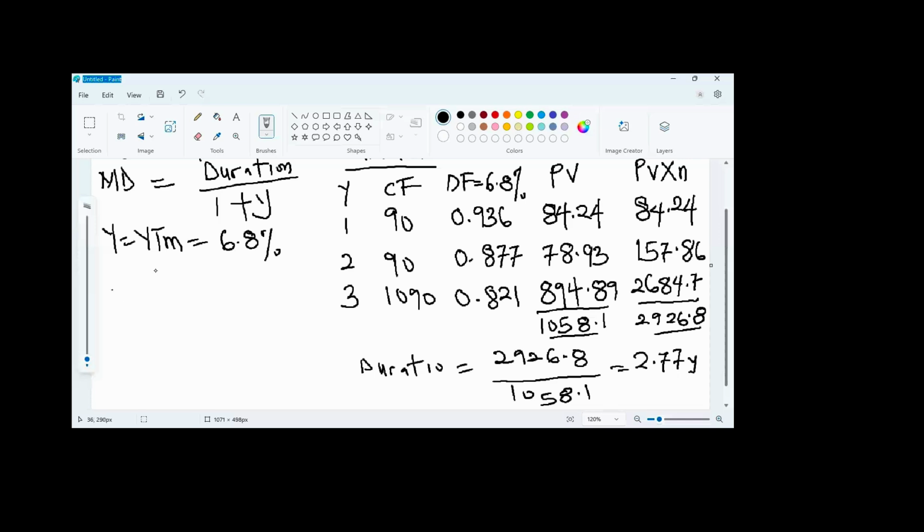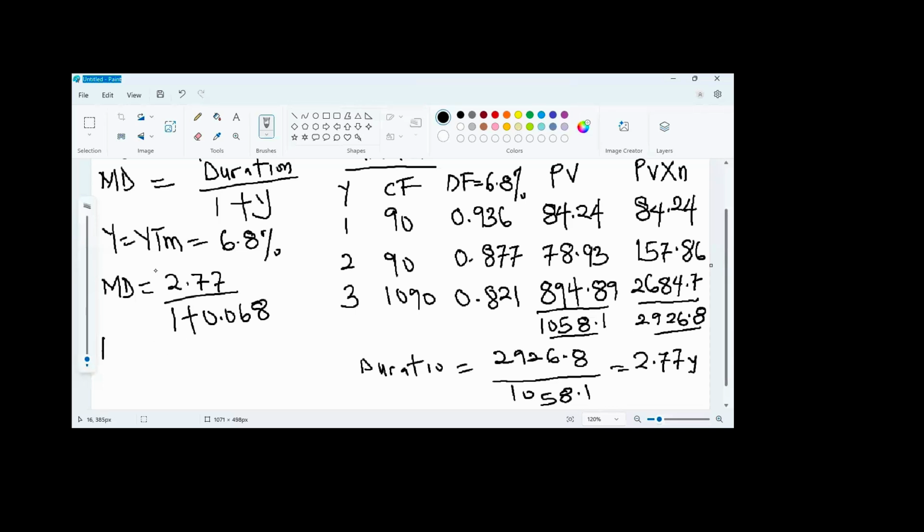So I can calculate modified duration now. MD is equal to 2.77 divided by 1 plus 0.068. Your y is your YTM.